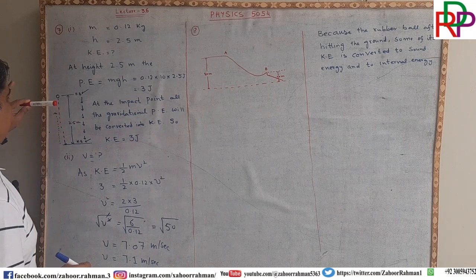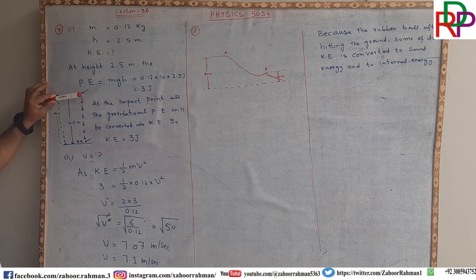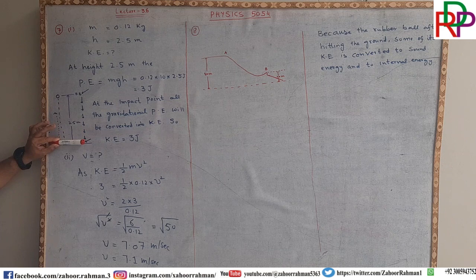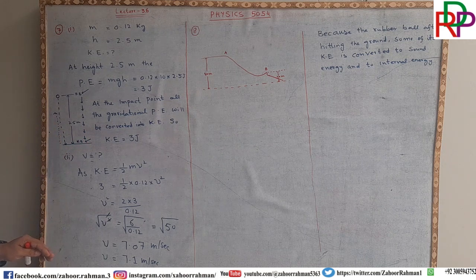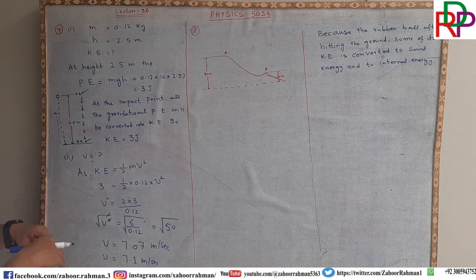So whatever energy the ball was having at a height of 2.5 meters was the potential energy. When the ball was coming down, that potential energy was converting to kinetic energy. So when it hits the ground, some of its energy is wasted in the sound energy which is dissipating in the surrounding air, and heat energy as well.